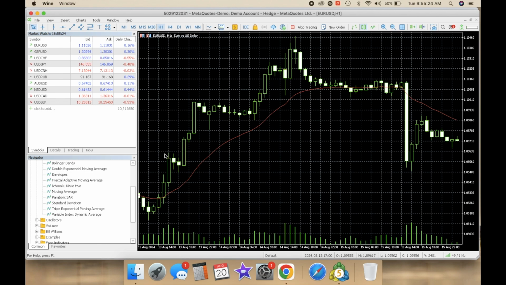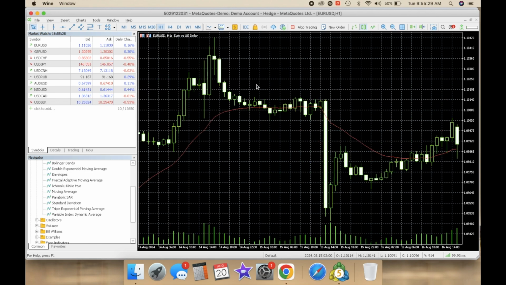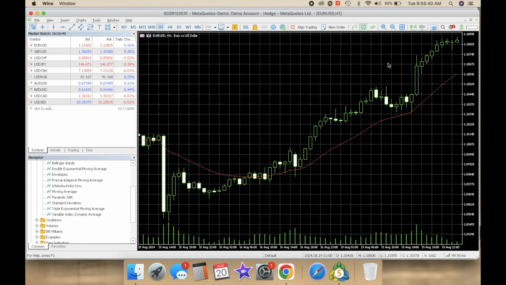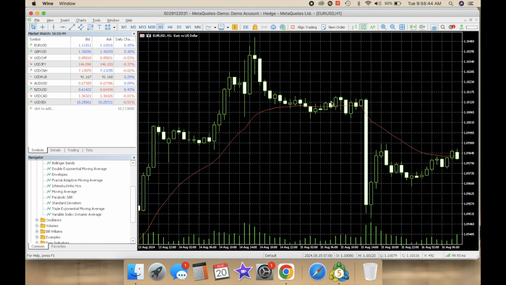Right here in this area it is above, and then right here during this time it looks like it was trading sideways, and then it took a plunge, and then it started to go back up, and that is what caused it to go bullish again. But you want to be careful about trading during these times. It looks like it might have been trading sideways for a while, and then all of a sudden it went bearish.